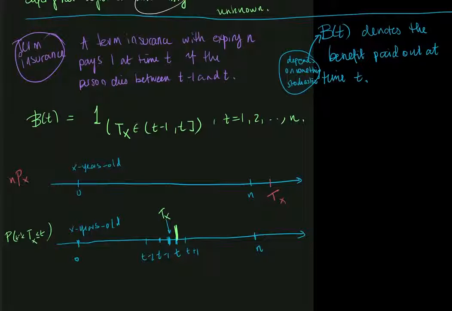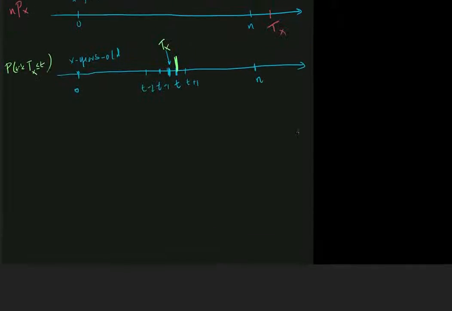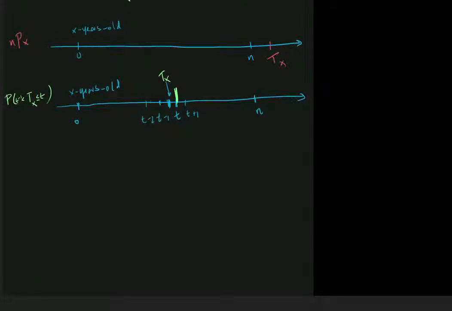However, as opposed to the pure endowment case, it's not enough to just look at these two scenarios, because the person can also die between T minus 2 and T minus 1. And in that case, that would occur with the probability of Tx lying between T minus 2 and T minus 1. And so on and so on.